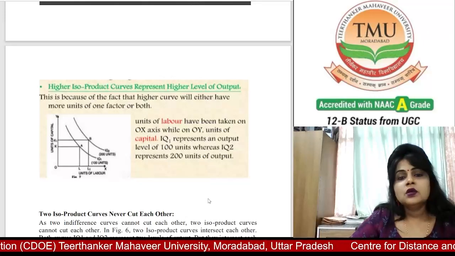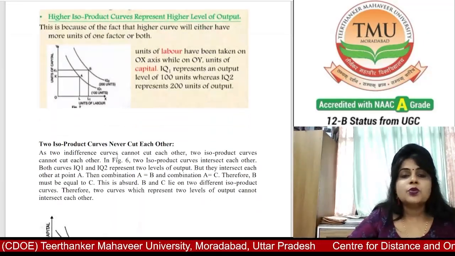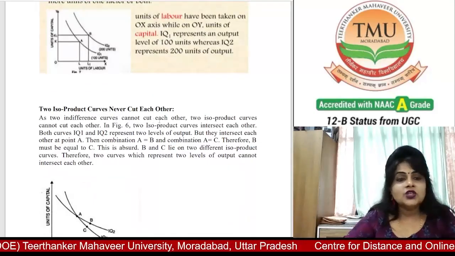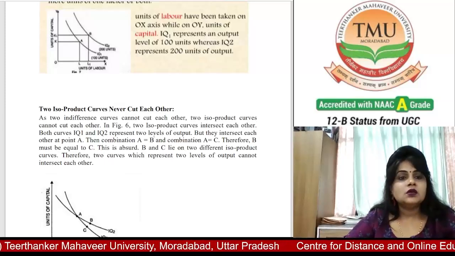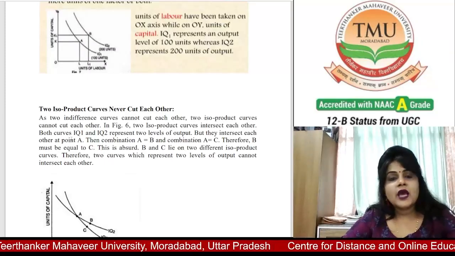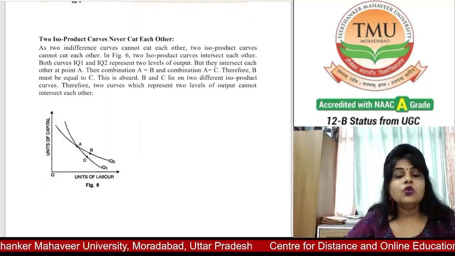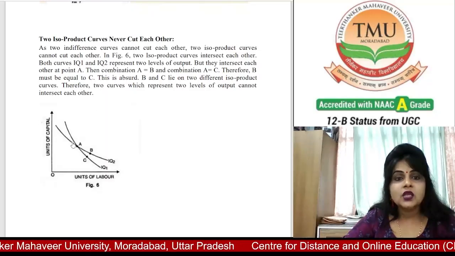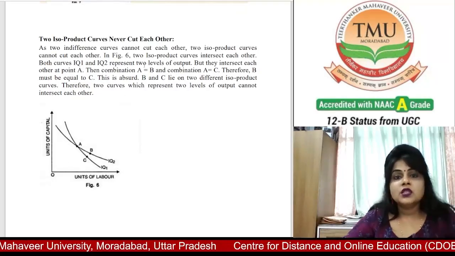And next, two isoquant curves never touch, never cut each other. You see here, as two indifference curves cannot cut each other, two isoquant curves cannot cut each other. As you see here, if they cut each other, this is not found in figure 6.